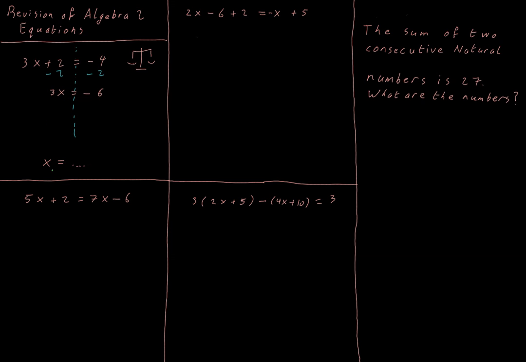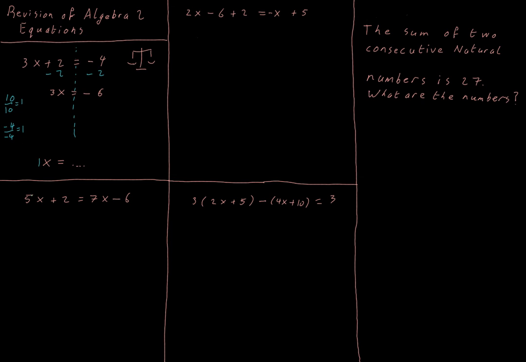But I want to have 1x, and at the moment I have 3x. So how am I going to get x by itself? Well, I know that any number divided by itself, say if I had 10 and I divided it by 10, I'd end up with 1. Or if I had minus 4 divided by minus 4, it would be equal to 1.